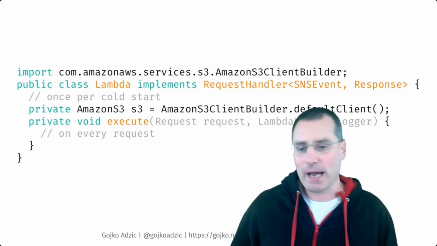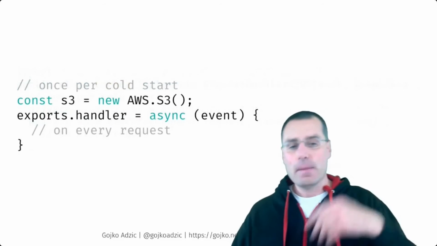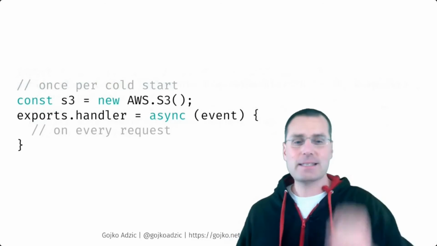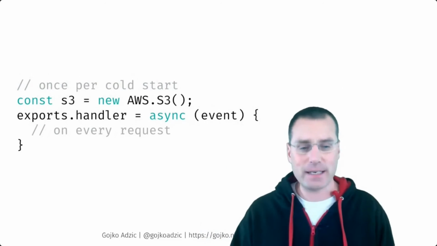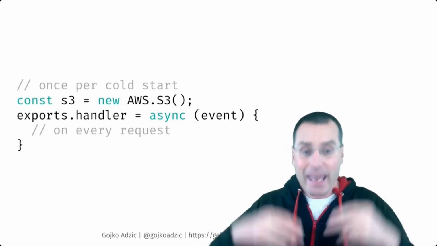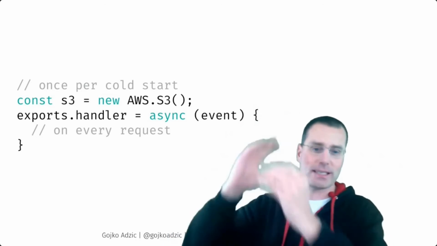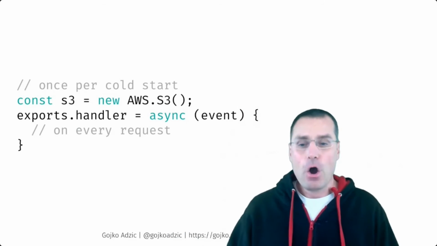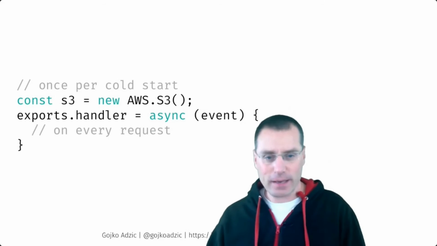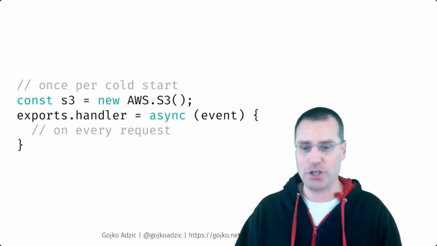If you look at Node.js, Python and similar things, stuff that's outside of your handler is done once per cold start. Stuff inside the function is done on every request. And the common sense logic says do the stuff that happens once only above, but don't. Optimize the functions for starting quickly, and then you can deal with caching later.